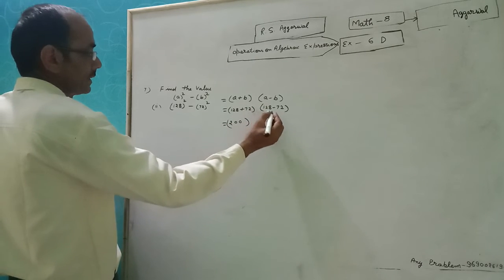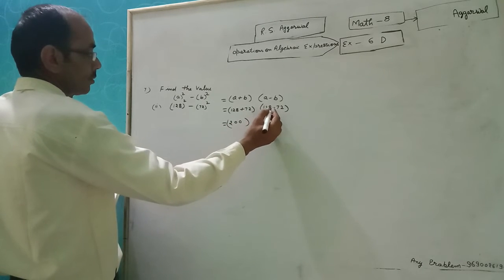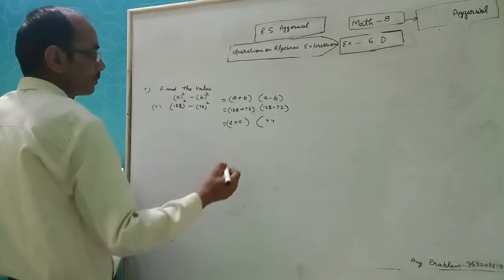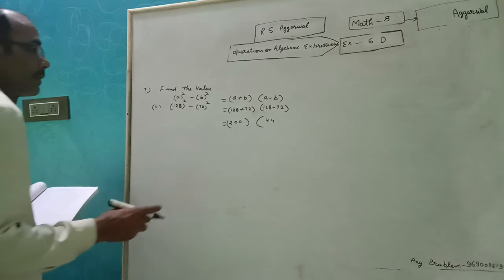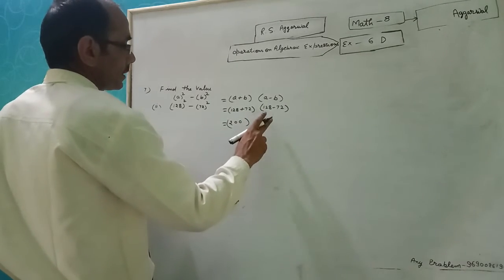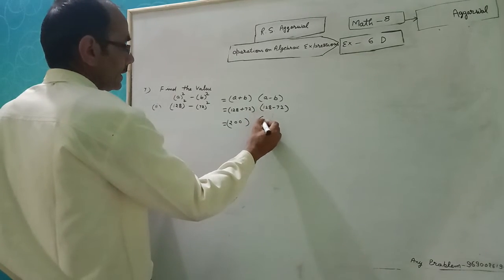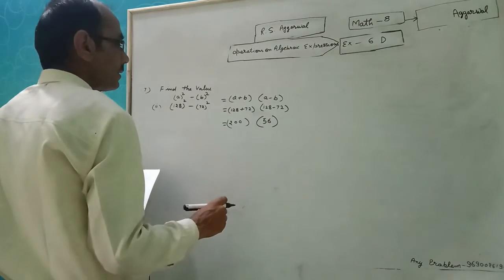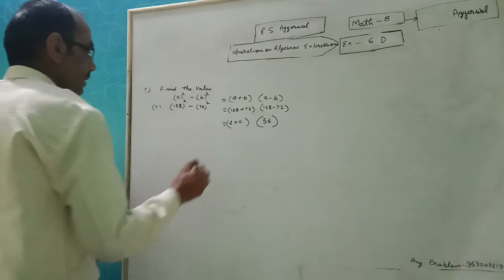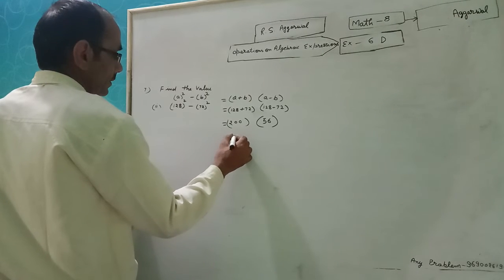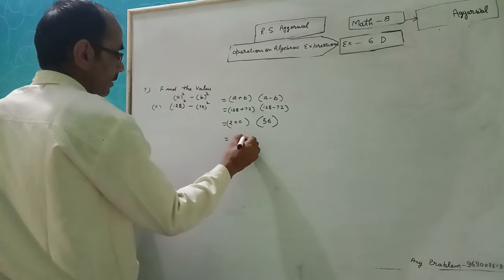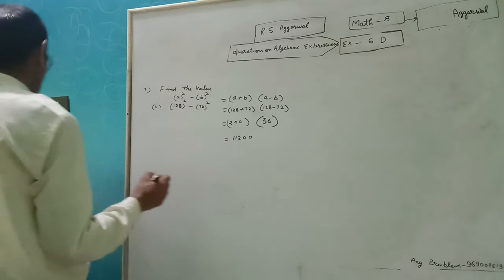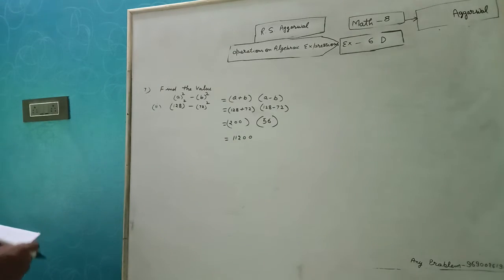After minus is 56. After multiply, 200 into 56 is 11200. Second part is complete.